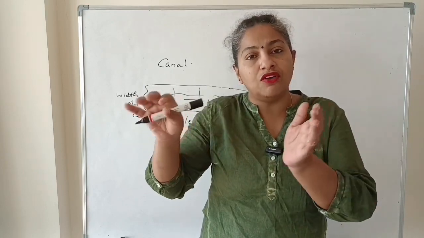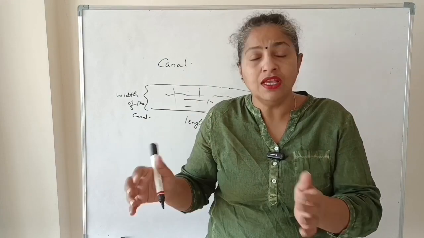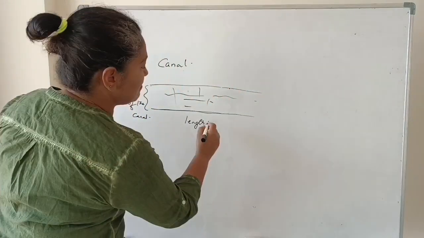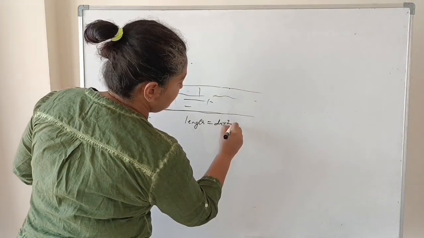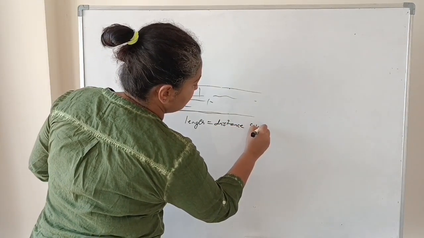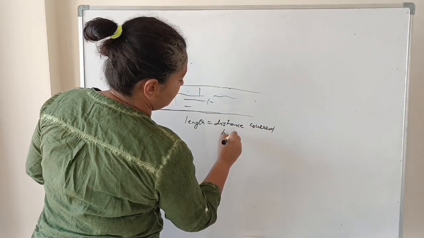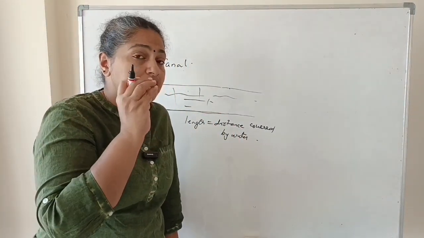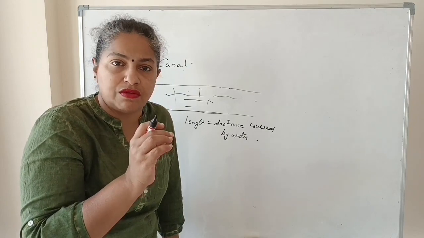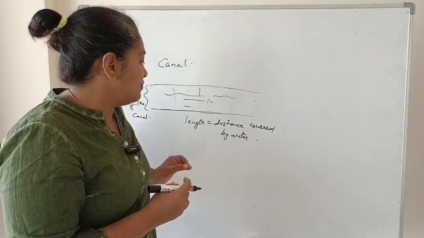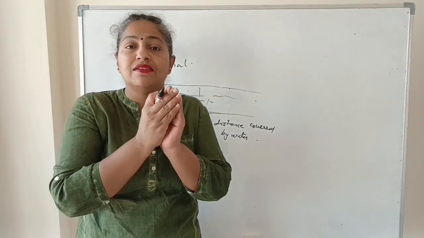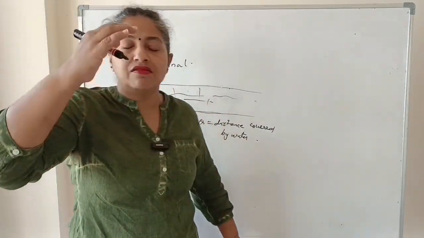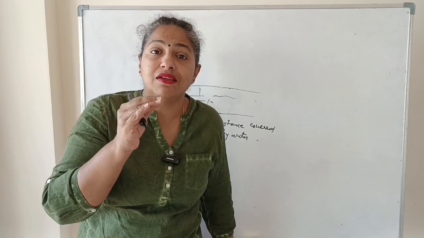Because the water is not stationary and it is flowing, the length of the canal is basically the distance covered by the water. This is the main point in this kind of sum that you need to remember. Now, you know that when there is a canal, there is a depth.